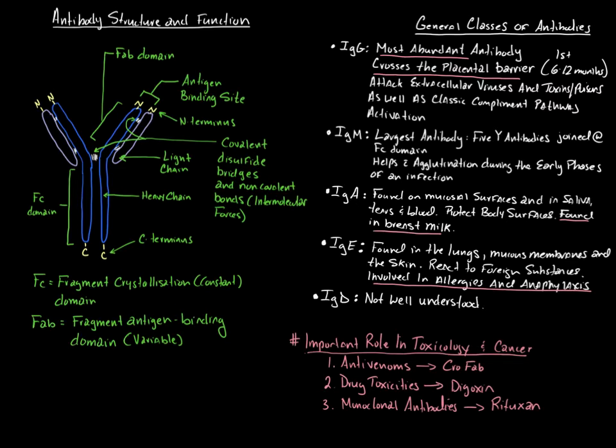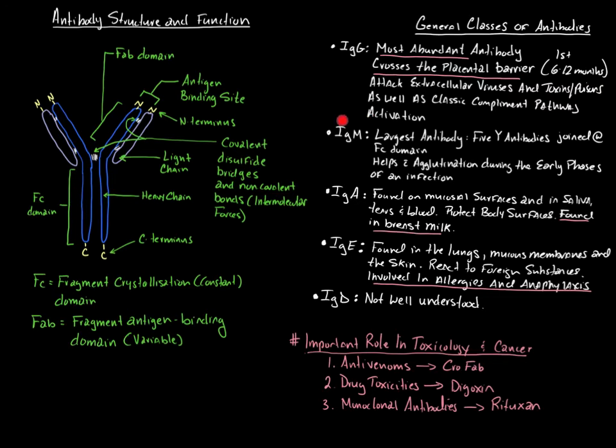IgG antibodies are very common in attacking viruses, toxins, and different poisons, as well as activating the complement pathway. They're very important because they can cross the placental barrier and provide some temporary immunity to the newborn in the first 6 months to about a year of life.